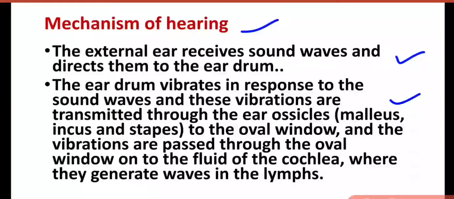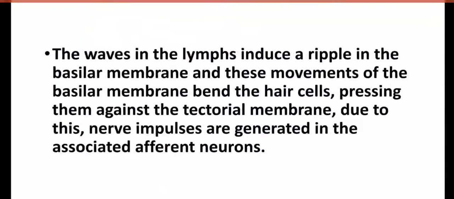As we know, the stapes is attached to the oval window, therefore the oval window starts vibrating. These vibrations are then passed on to the fluid which fills the cochlea, and these generate waves in the lymph.